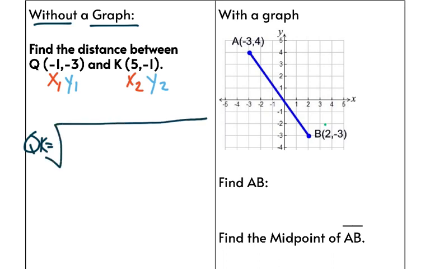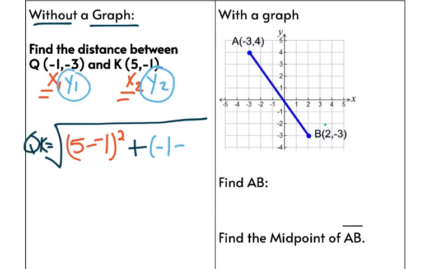The formula says, formulas are like maps, that we do x2 minus x1, and we square. Then we add to it what we get when we do y2, use those parentheses, minus y1.